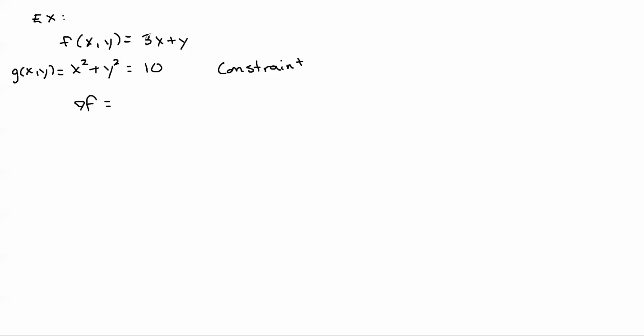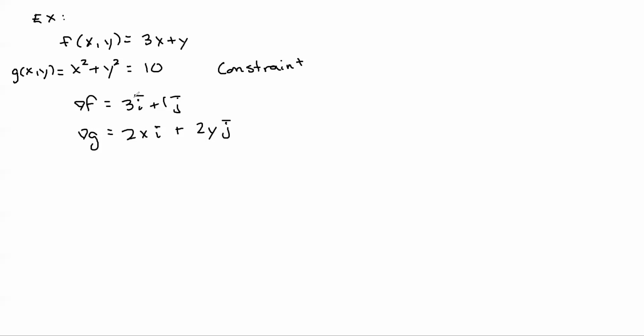Gradient of f: the derivative with respect to x, we're going to get 3. The derivative with respect to y, we're going to get 1. You take the derivative with respect to x times i plus the derivative with respect to y times j. Then take the gradient of g: the derivative with respect to x times i, the derivative with respect to y times j. All right, next, once you've got your gradients, you're going to set them equal with a lambda offset.